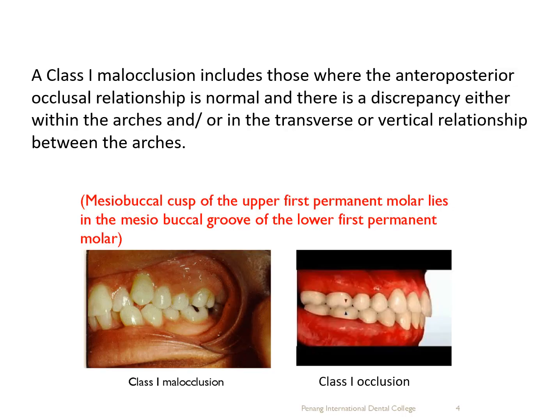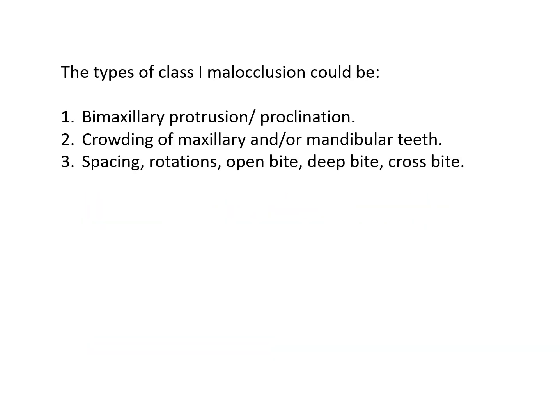Class 1 malocclusion, as you all know, is when the mesiobuccal cusp of your upper permanent molar lies on the mesiobuccal groove of your lower first permanent molar. This is called an ideal occlusion, whereas a malocclusion means when that is happening in the molar, but still you have some malocclusions in the arch, right? That is called class 1 malocclusion.